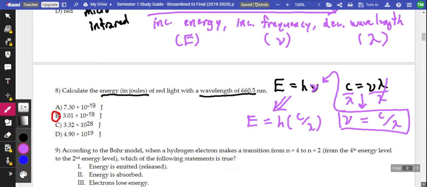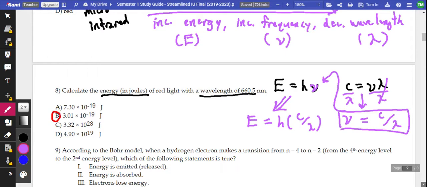Okay, now they don't give me H and they don't give me c, but that's okay because those are both constants. Okay, they're just a single number that would help to know. I would give you the value if you needed it because it's just a memorized number otherwise, but it might be good to know.